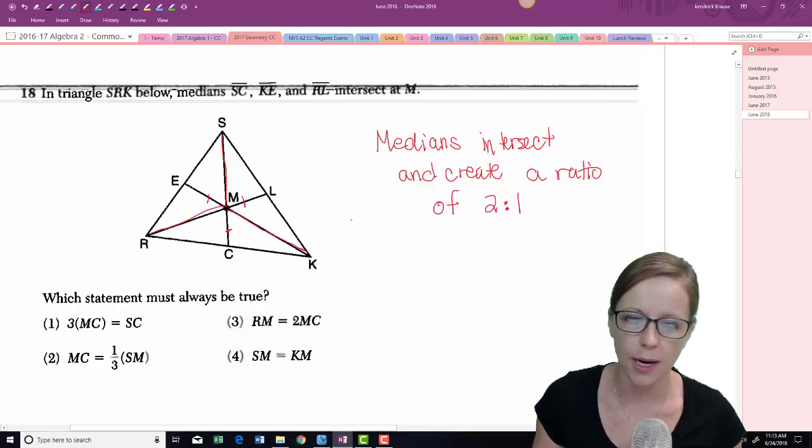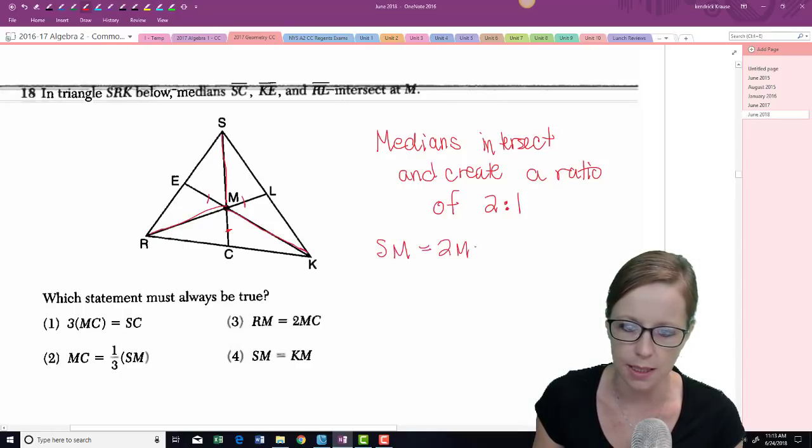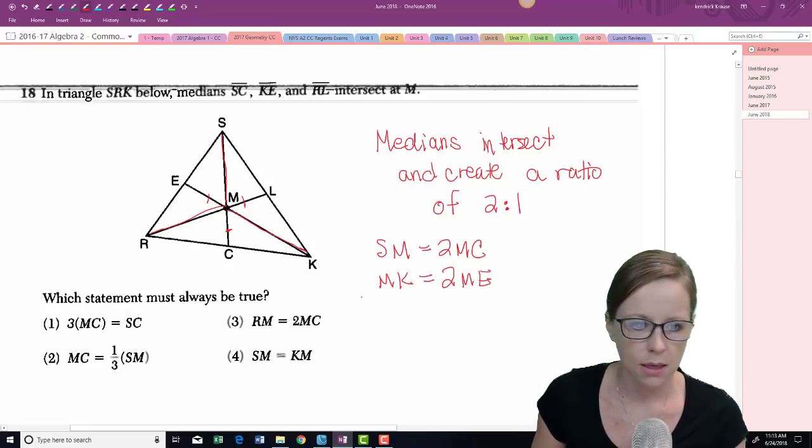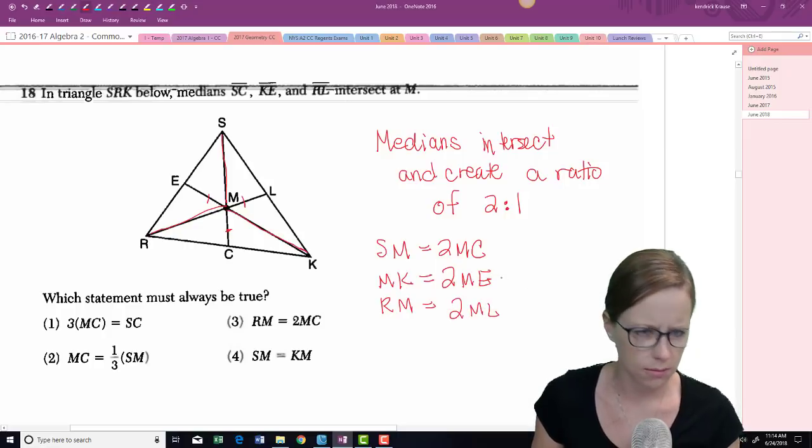So if I'm doing that in my brain, I'm like, okay, so S to M is equal to 2 MCs. Is that a choice? No. M to K is equal to 2 MEs, and R to M is equal to 2 MLs.